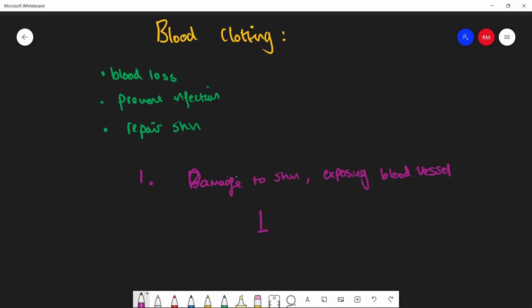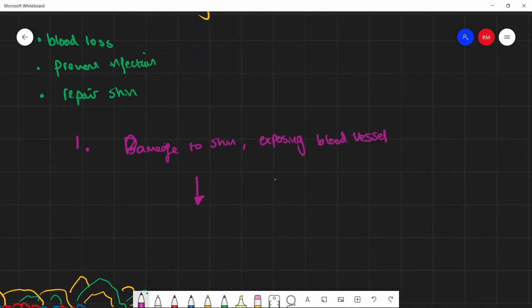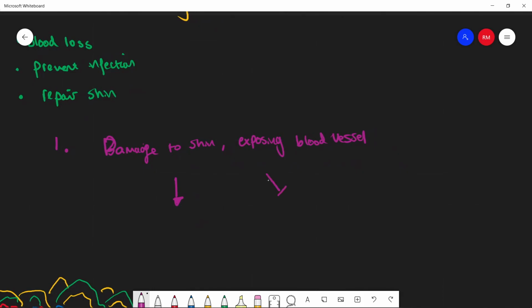And two things can happen from here. We're actually going to do this in the opposite direction, just so I don't run into that picture that I've drawn over there.